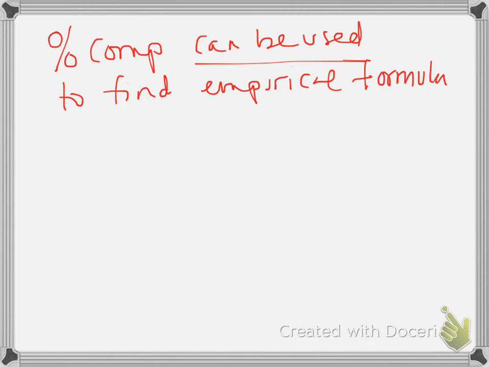And we will get into how we find molecular formula. That's a whole different set of calculations. But what we're going to start off with is how we find empirical formula.